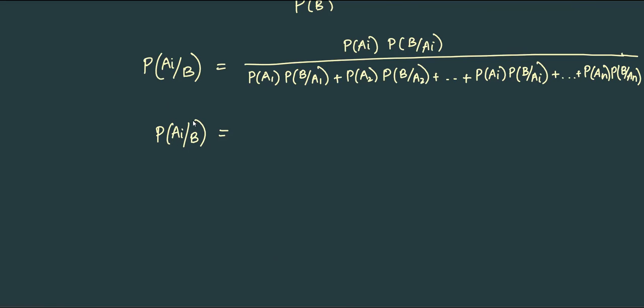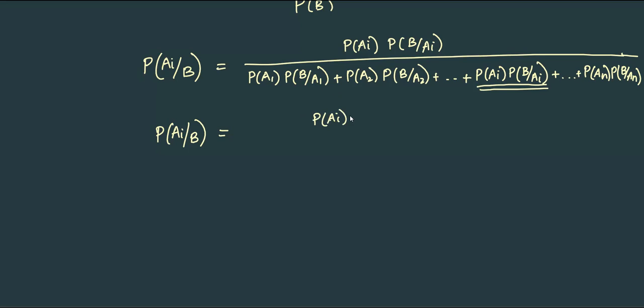So P of Ai given B probability is, see, you write the total probability. In the total probability, the term containing Ai goes to the numerator divided by the total probability. That is your probability of Bayes.